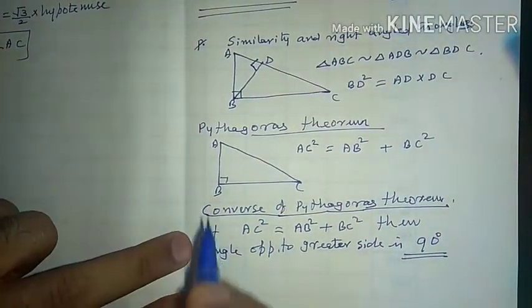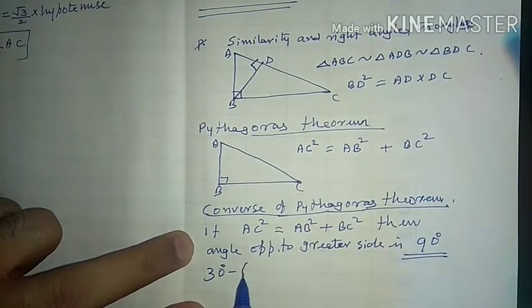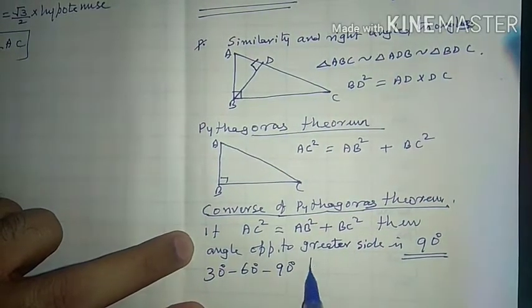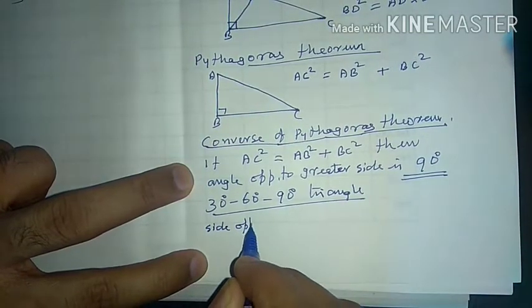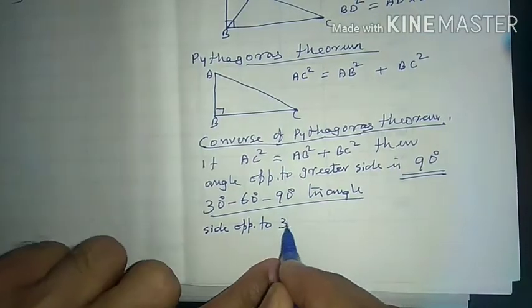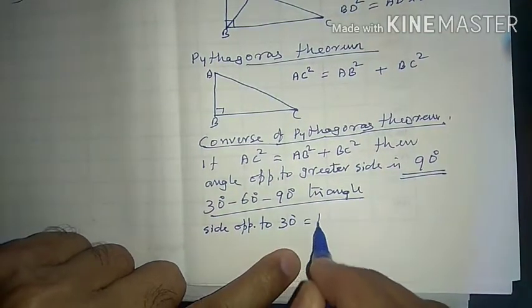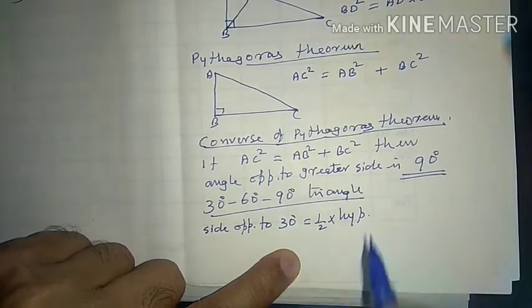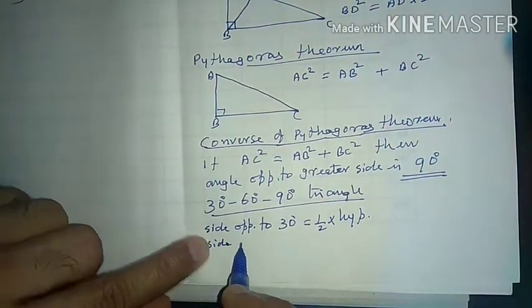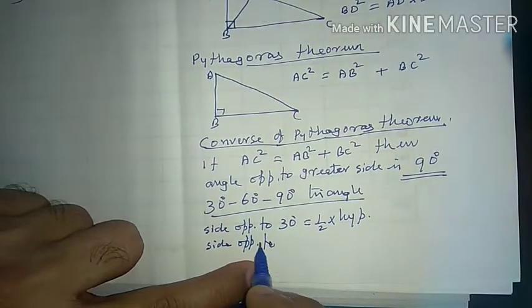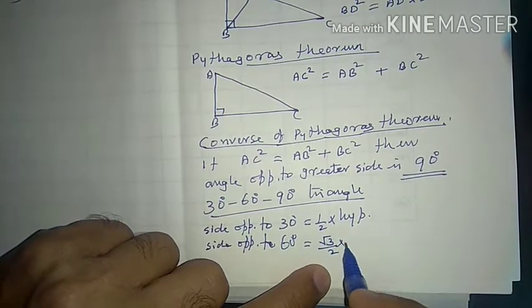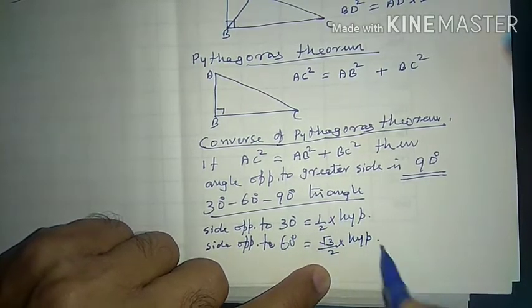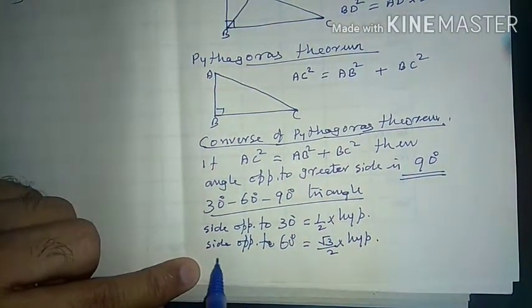Then what we discussed finally: in a 30-degree, 60-degree, 90-degree triangle, the side opposite to 30-degree is half of the hypotenuse, and the side opposite to 60-degree is root 3 by 2 times the hypotenuse.